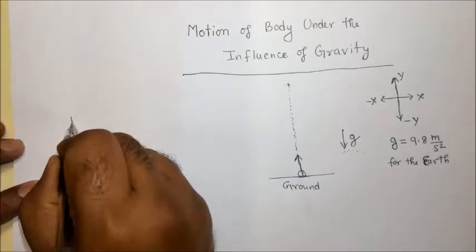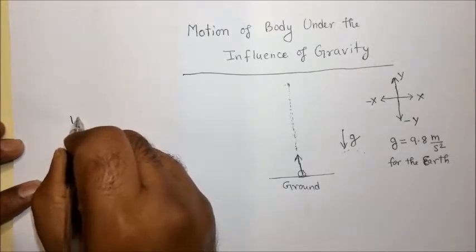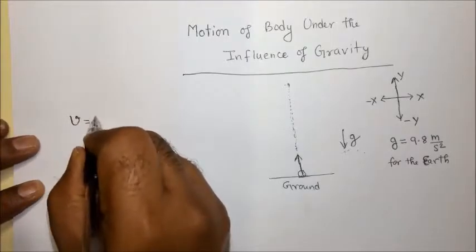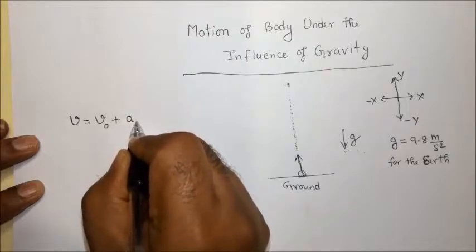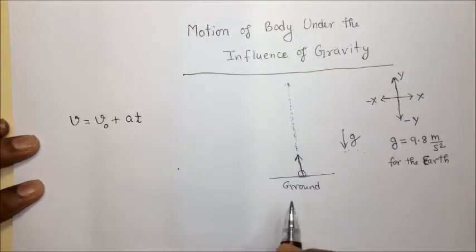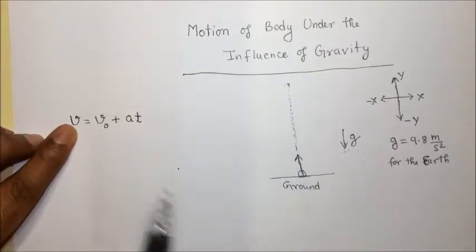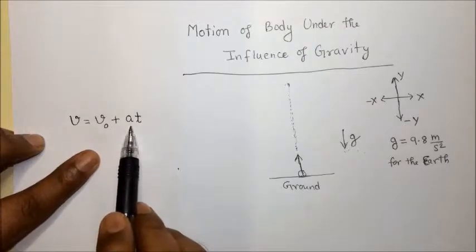For horizontal motion, you have learned the equations. V final is equal to V initial plus AT, where A is acceleration.